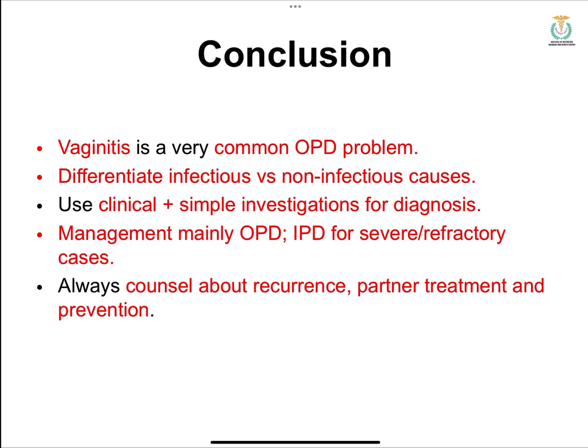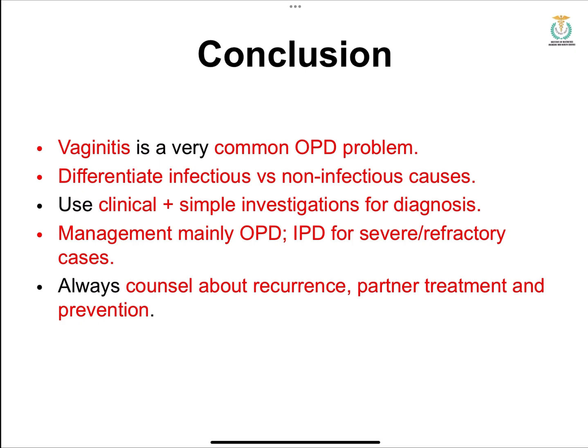So in case of candidiasis, if the patient has candidal vaginitis, ask them to control the diabetes, and use probiotics to maintain the normal flora in some cases. To get back the normal vaginal environment, probiotics can be used.